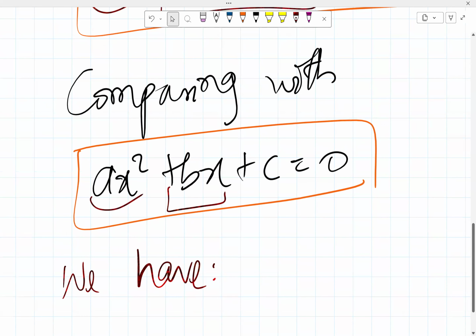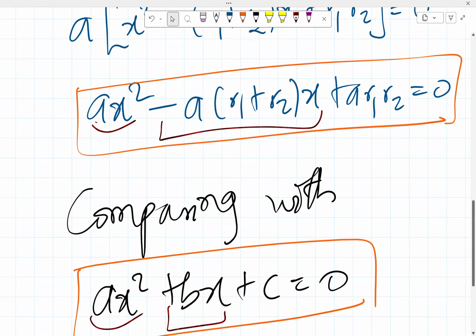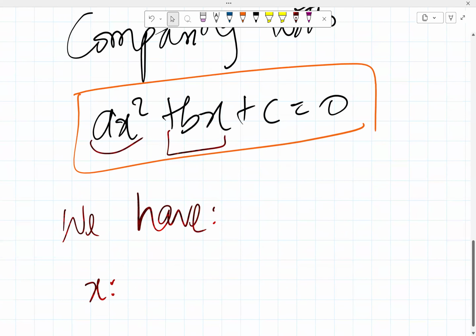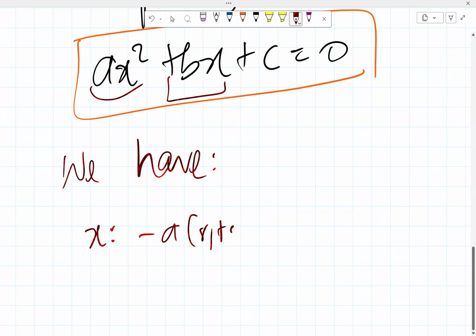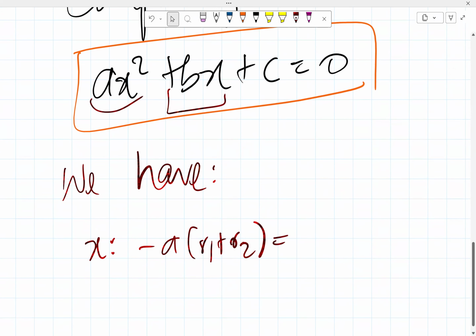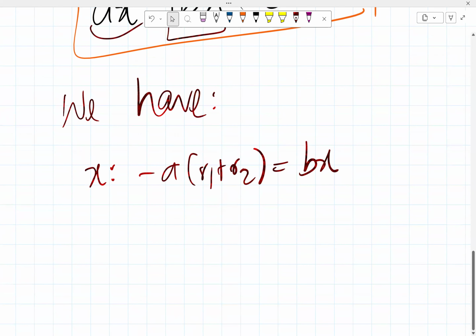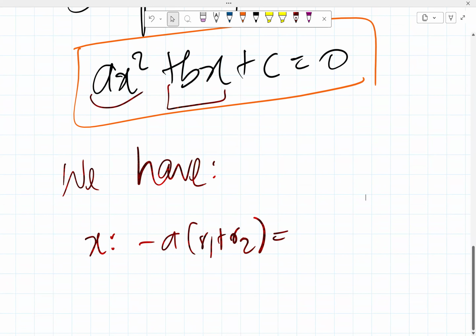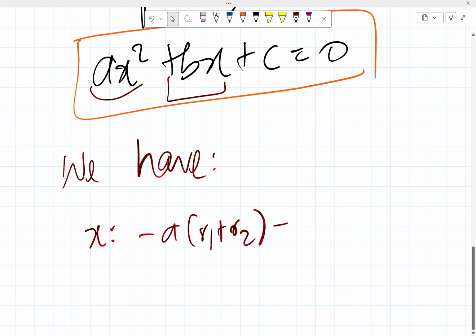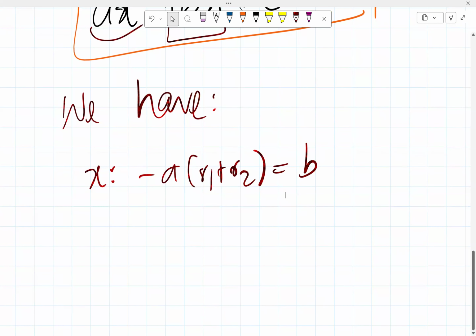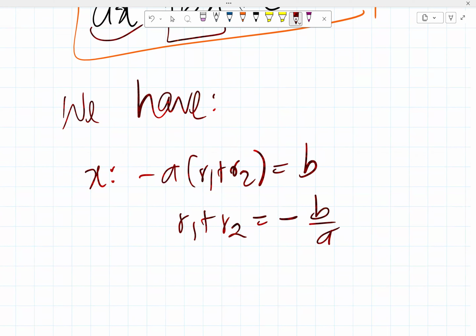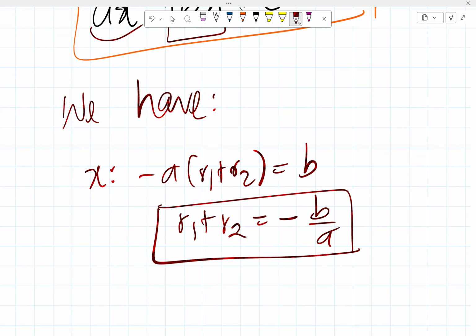So for x, for the first part, we have minus a into (r1 plus r2) equals b. Sorry, we don't need that x because we already said it's just b. So in that case, we can say that R1 plus R2 is equal to minus B over A, if we divide both sides by minus A. So R1 plus R2 is minus B over A.